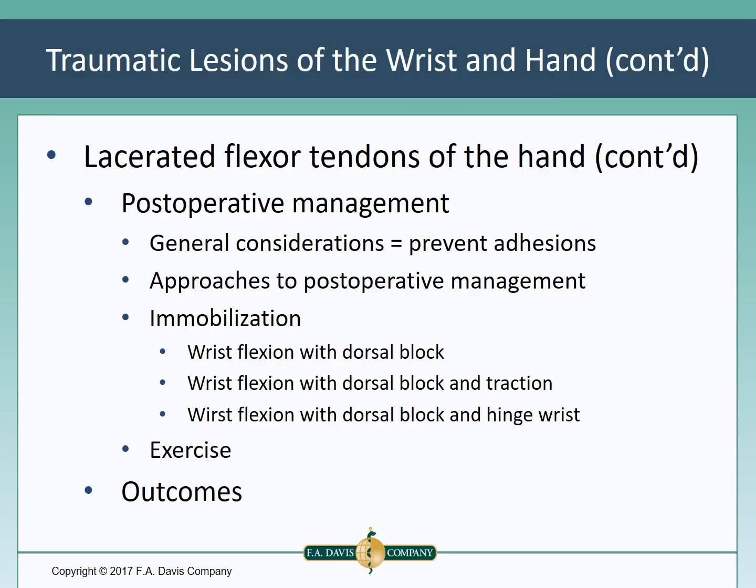Versus the early people, the ones we want to do early controlled motion with, the thought is that if you can do a little bit of active range of motion in a specific direction that pulls on the tendon, we may be able to decrease the adhesions. That's when you're trying to do the slide and glide.